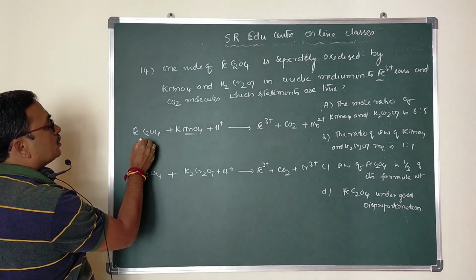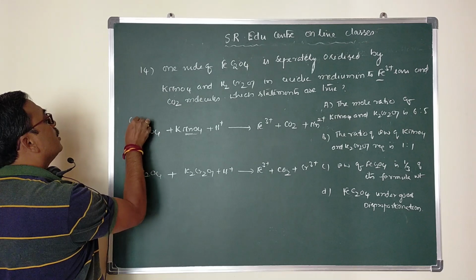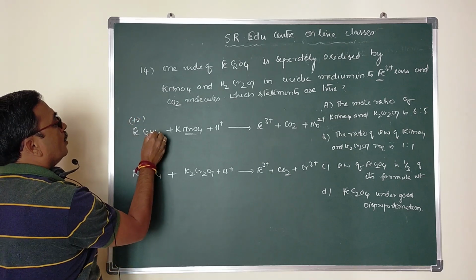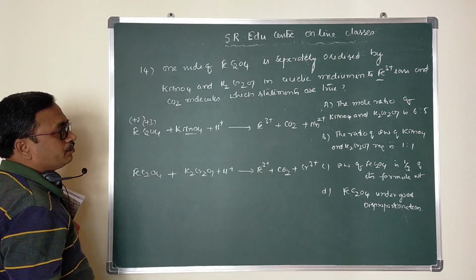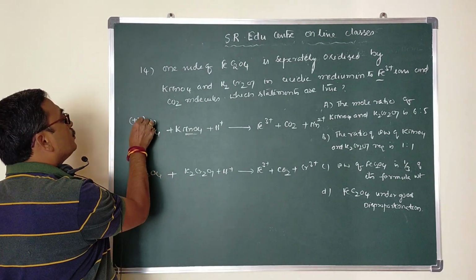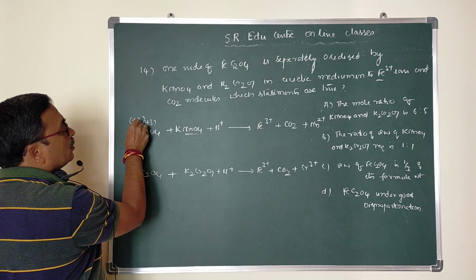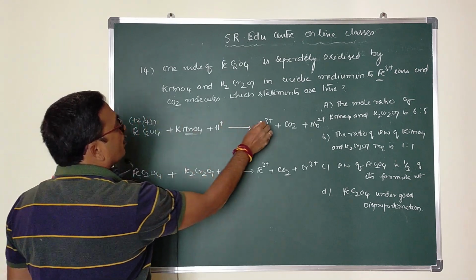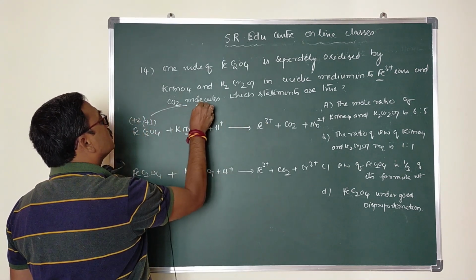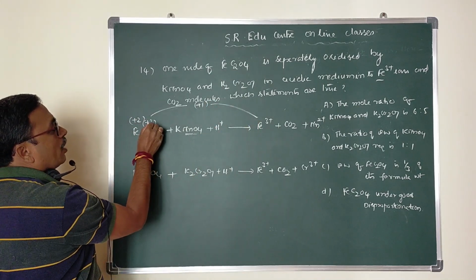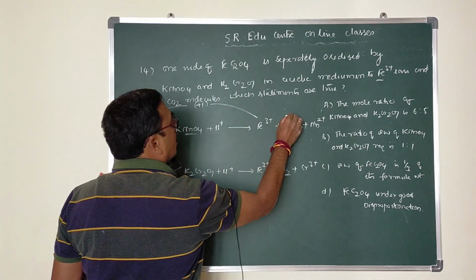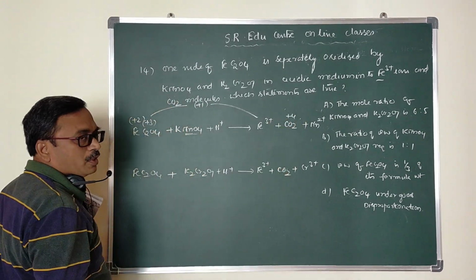In iron oxalate, the oxidation state of iron is +2 and in oxalate, the oxidation state of carbon is +3. So here, oxidation state of iron changes from +2 to +3. So change is +1. The oxidation state of carbon is +3. In carbon dioxide, the oxidation state of carbon is +4.